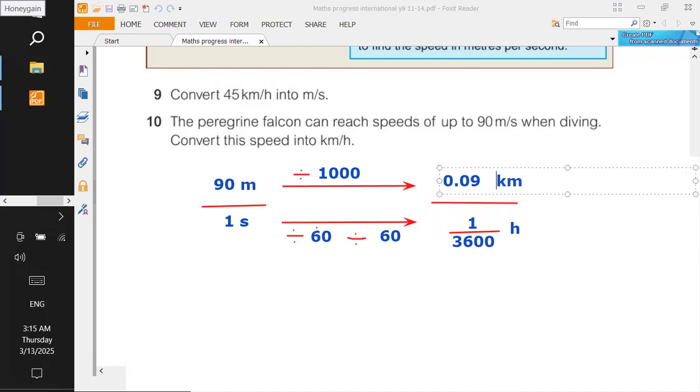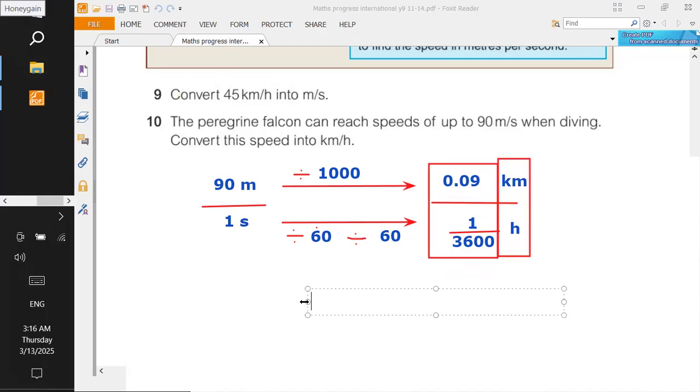I'll make space for this. Okay, I'm gonna do the first calculation, which is 0.09 divided by this, and then I'm gonna write the unit next to it. So let's do the calculation first. As a fraction, 0.09 divided by another fraction, which is 1 over 3,600.